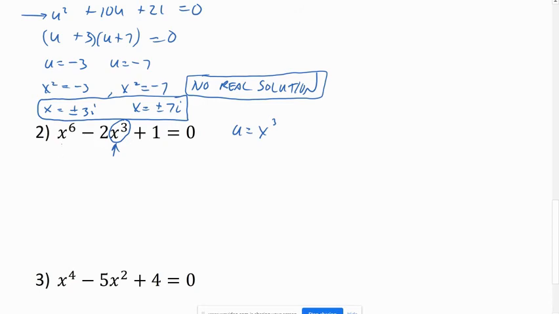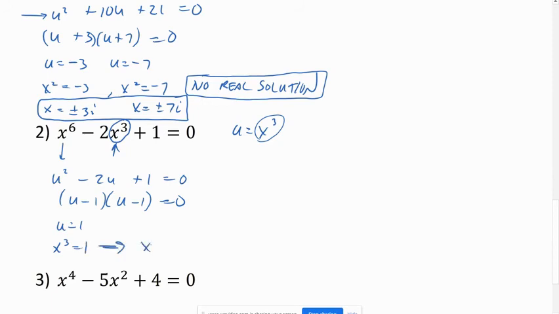This is just u squared, because x to the third squared would give you x to the sixth. So that's u squared minus 2u plus 1 equals 0. That is u minus 1, u minus 1. And so that gives us the solution u equals 1, which means x cubed equals 1, which means x equals 1.